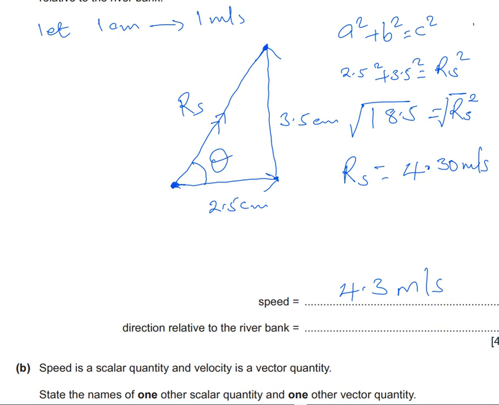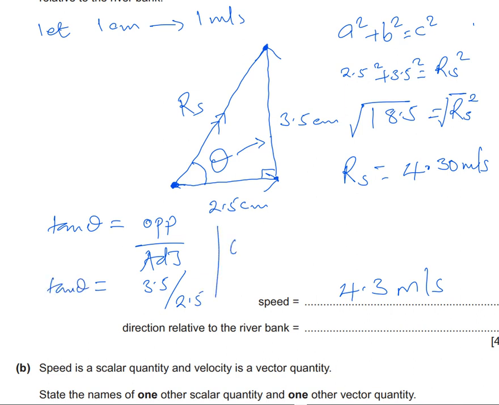Again, when you're talking about the direction, you can use trigonometric ratio, whereby tan theta is equal to opposite over adjacent. Opposite is this side, adjacent is this one, which makes 90 degrees with the theta. So it will be 3.5 divided by 2.5, and that is tan theta.